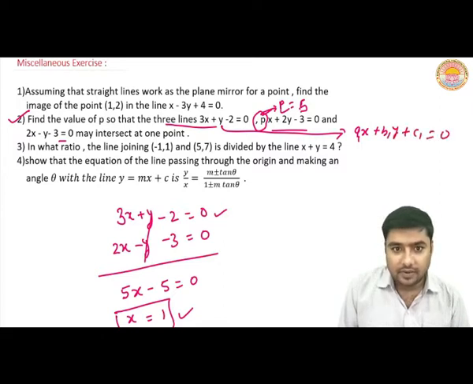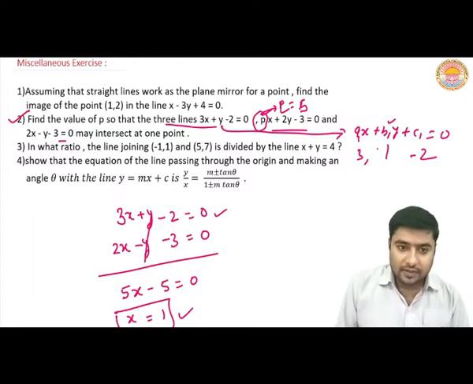Here the value of a1 is 3, the value of b1 is 1, and the value of c1 is minus 2. Similarly, find the other values and put them in the same formula. We can also find the value of p, that is 5.